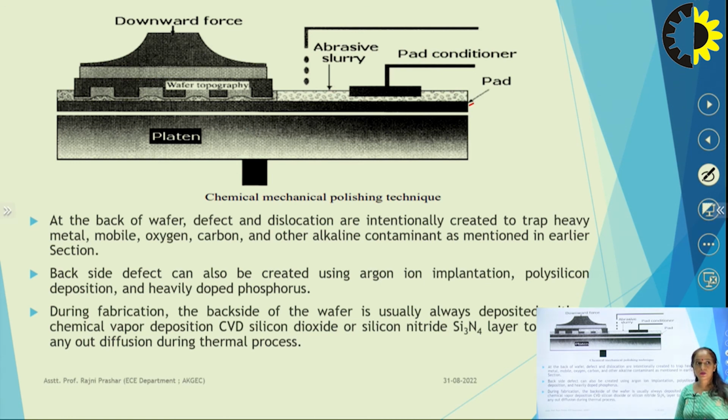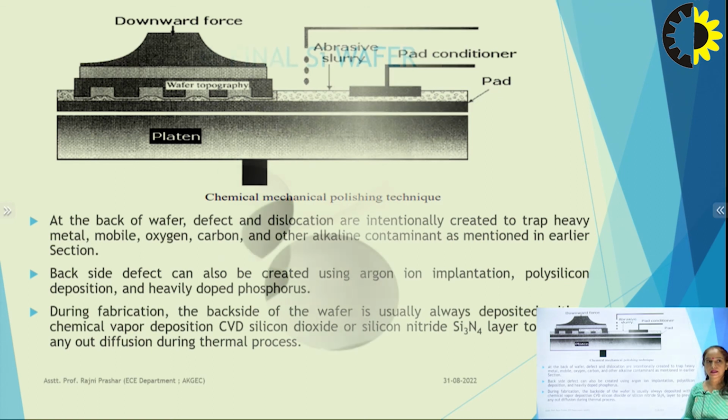Backside defects can also be created using argon ion implantation, polysilicon deposition and heavily doped phosphorus. During fabrication, the backside of the wafer is usually deposited with a chemical vapor deposition, CVD, silicon dioxide or silicon nitride Si3N4 layer to prevent any out-diffusion during the thermal process.